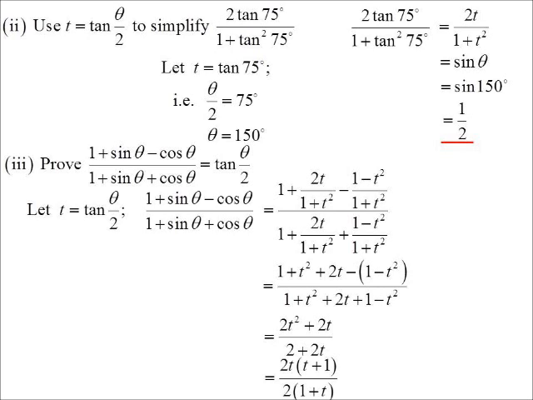Actually, that top factorises nicely, and you can see we cancel to get t. That's not my final answer, of course, because they've asked to show it's tan theta on 2. But that's okay, because we said t was tan theta on 2. So indeed, that does equal tan theta on 2.